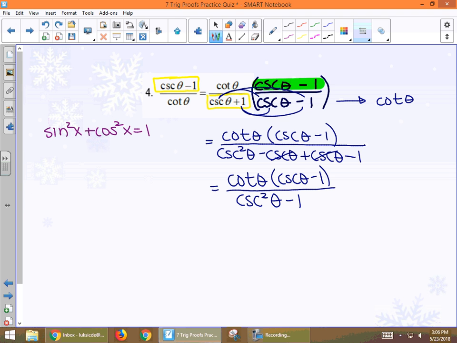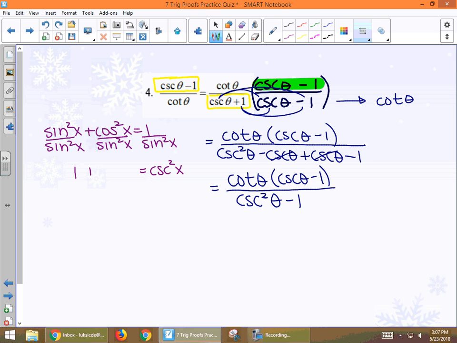Everyone has sine squared plus cosine squared memorized. If you want the identity with cosecant in it, then you need 1 over sine squared, right? That would give you cosecant squared. So if you're going to divide by sine squared there, you've got to do it everywhere. Sine squared over sine squared is 1.